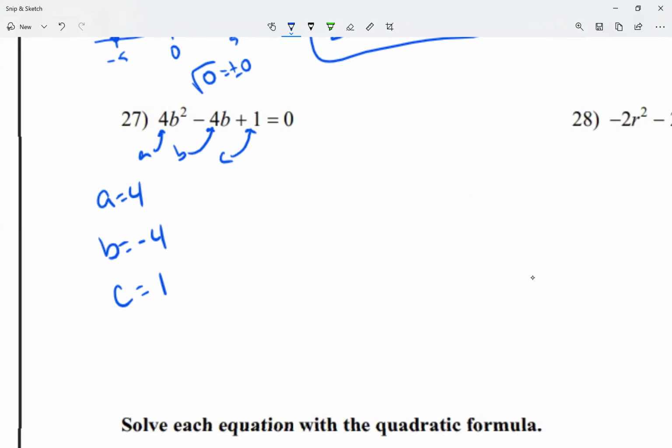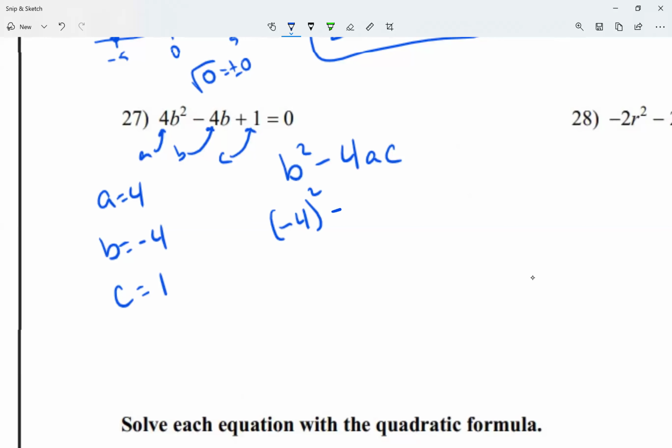Now remember, the formula for discriminant is B squared minus 4 times A times C. So I'm looking at this as negative 4 all squared minus 4 times 1. First thing I'd look at is my exponent, negative 4 squared. So negative 4 times negative 4 is positive 16.